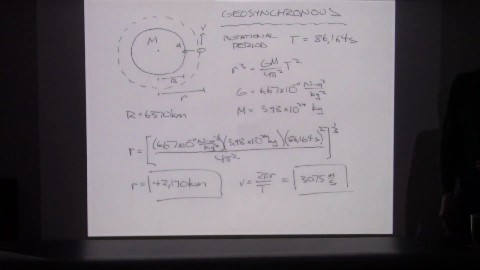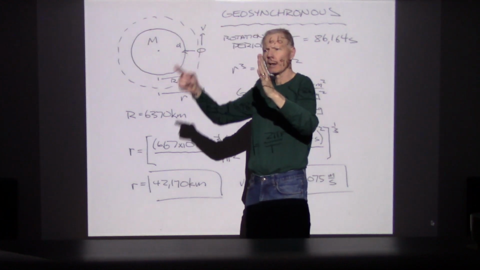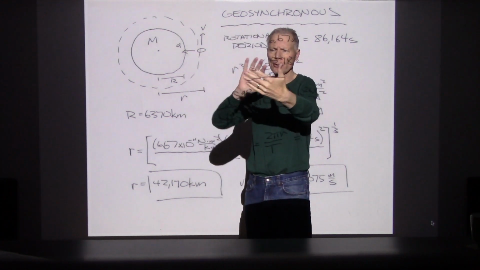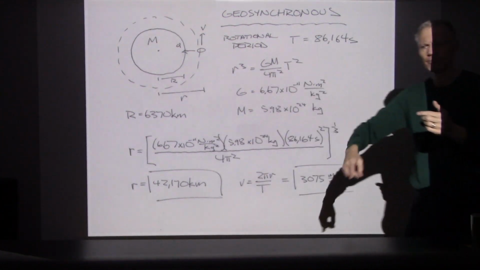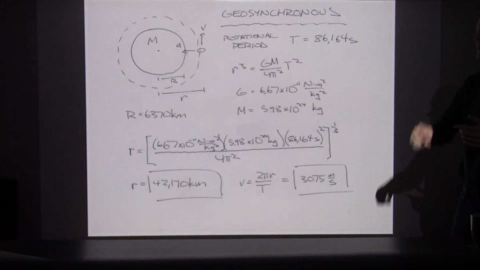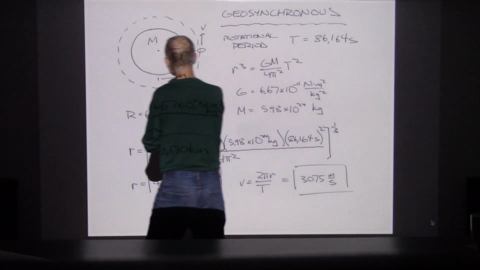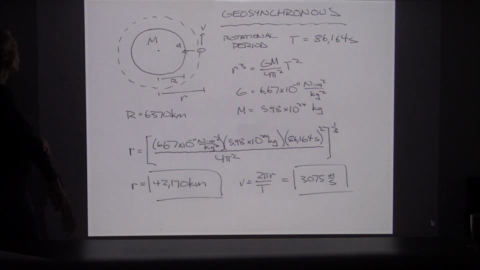You could even have what's called a polar orbit. You could have something orbiting the Earth in a polar fashion, so the Earth could be rotating underneath, and there would be this polar orbit going over the poles as the Earth rotated within that.